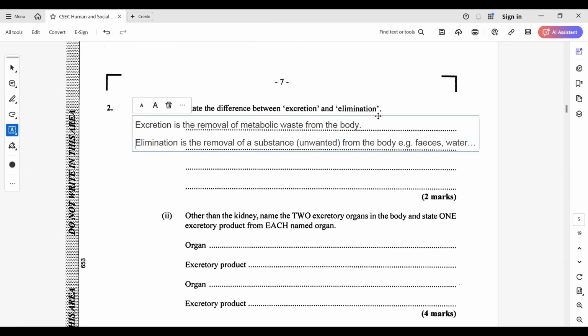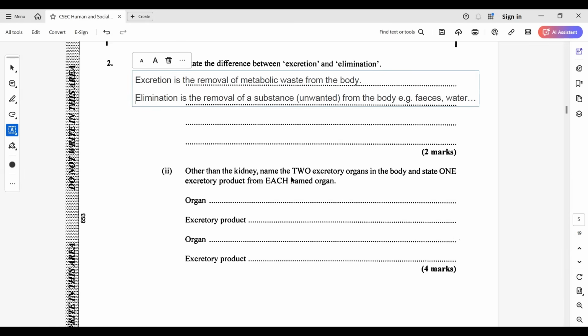At certain times, you may want water, but if you have too much, the body might need to get rid of some. So I gave the example: feces, water, it could be nitrogenous waste. All of them require elimination. So that's why I'm giving an example for elimination for your clarity. 2 marks for that question.